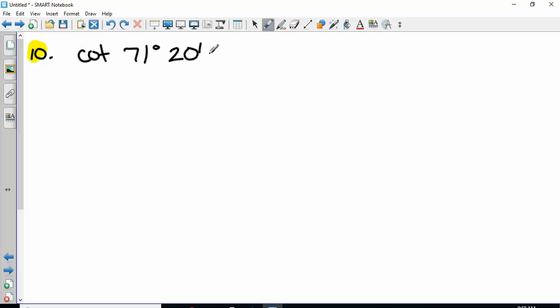So everybody get your calculator. What mode do you have to be in? Degree. So first thing, put it in degree mode. We do not have a cotangent button. So what do you type in? 1 divided by tangent.